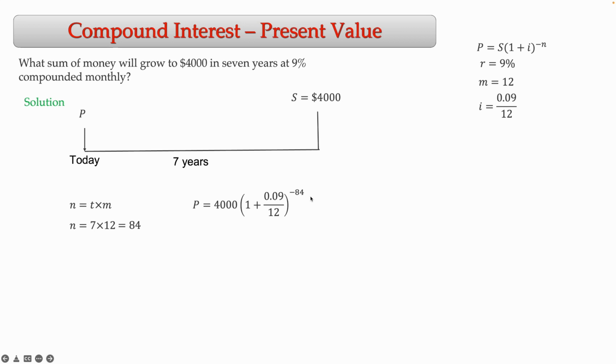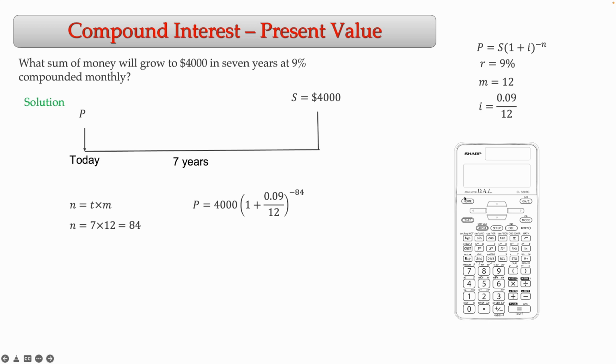One of the things that I'm going to do in this video is to explain how to use the calculator SHARP 520 for solving this problem. So I just type in the calculator. I get my calculator, this is on the screen now, and type first 4,000.